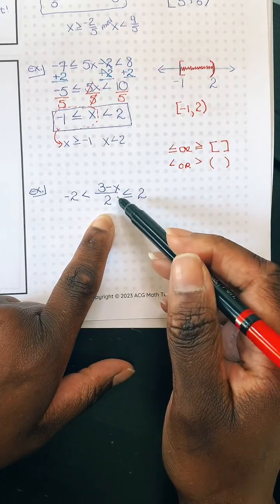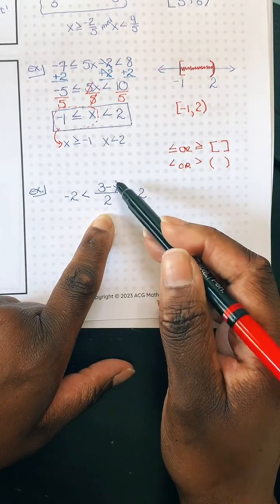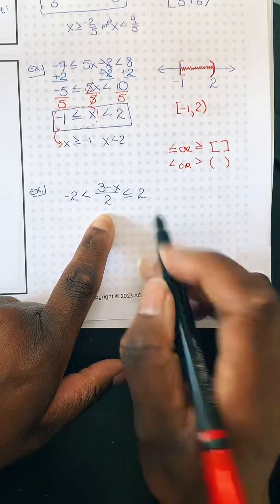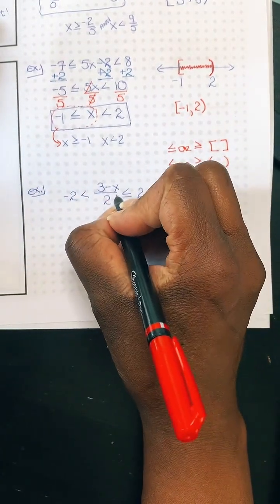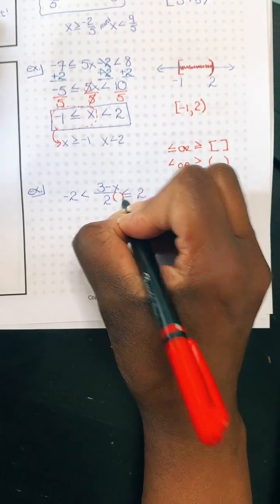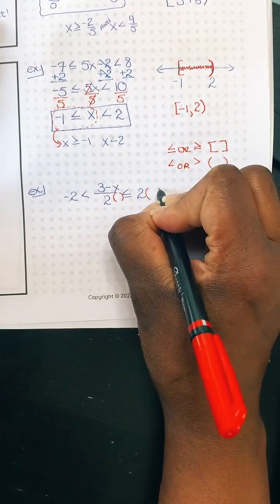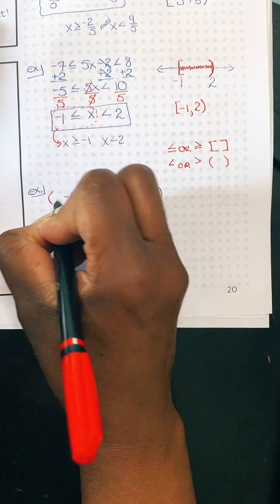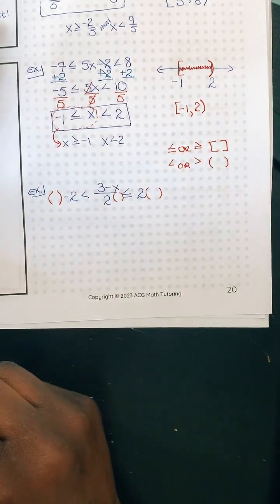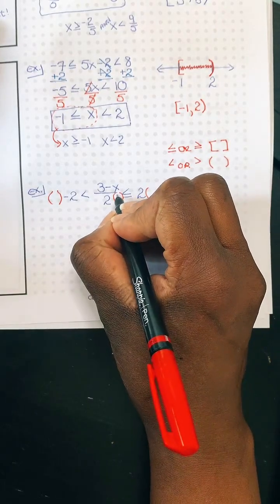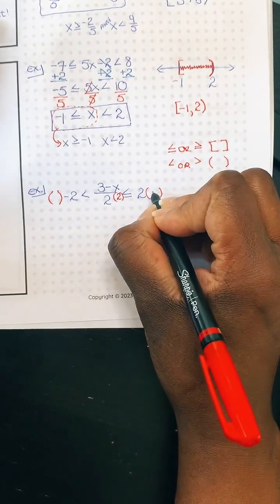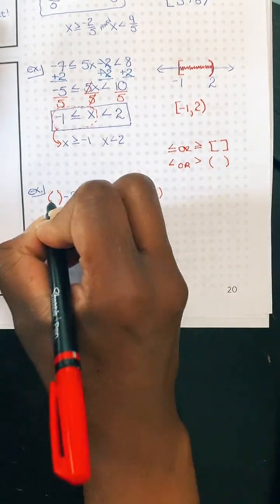The inverse of division, the opposite of division, is multiplication. So to make things easier, we're going to multiply all three sides by whatever your denominator is. The reason I always multiply by the denominator is that I can get rid of the fractions so much easier that way.